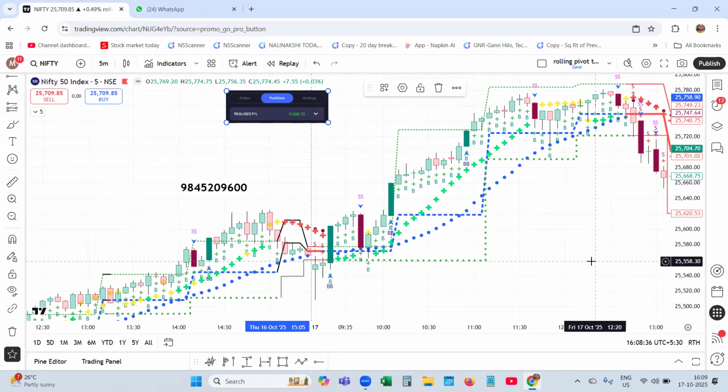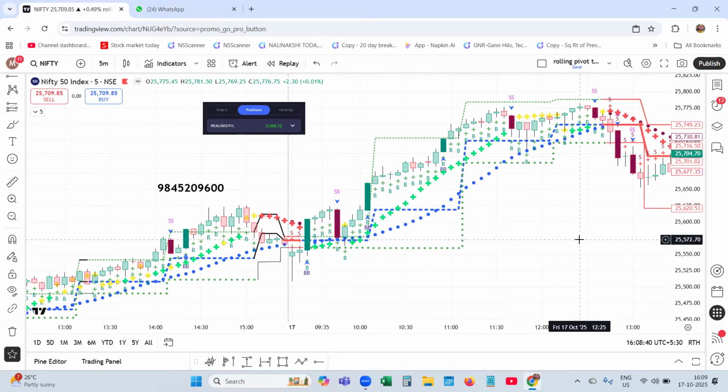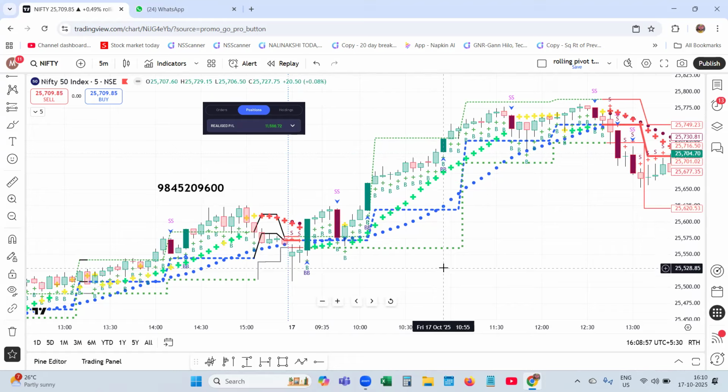This is a very beautiful indicator, and it is also a teacher. You can learn market price action with its help: where the primary trend, secondary trend and minor trend are. Once you start seeing this with the indicator, you learn technical analysis too.